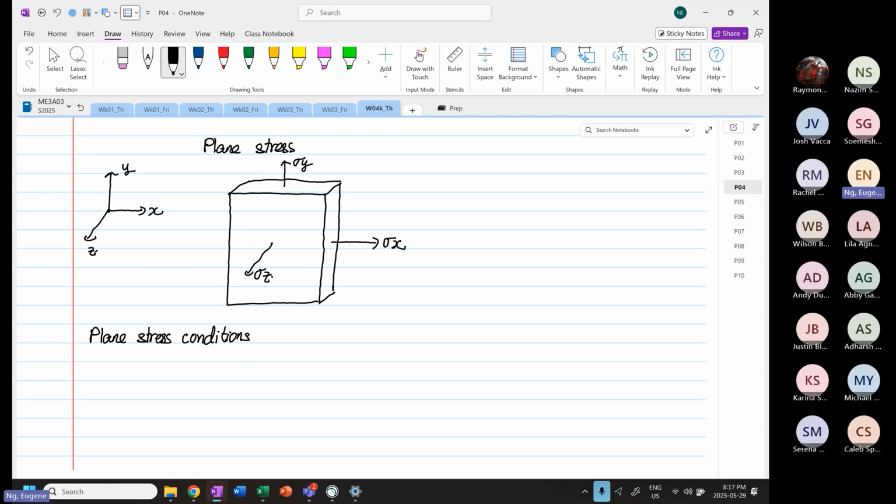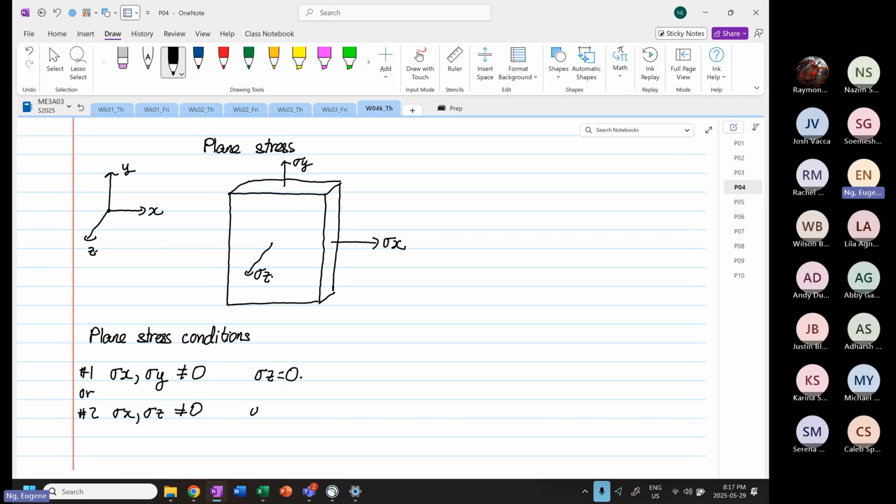Okay, it can be either one of these. Where stress x and stress y is not equal to 0, stress z is equal to 0. Okay, so this is number one. Or it can be in a second situation where stress x and stress z is not equal to 0.